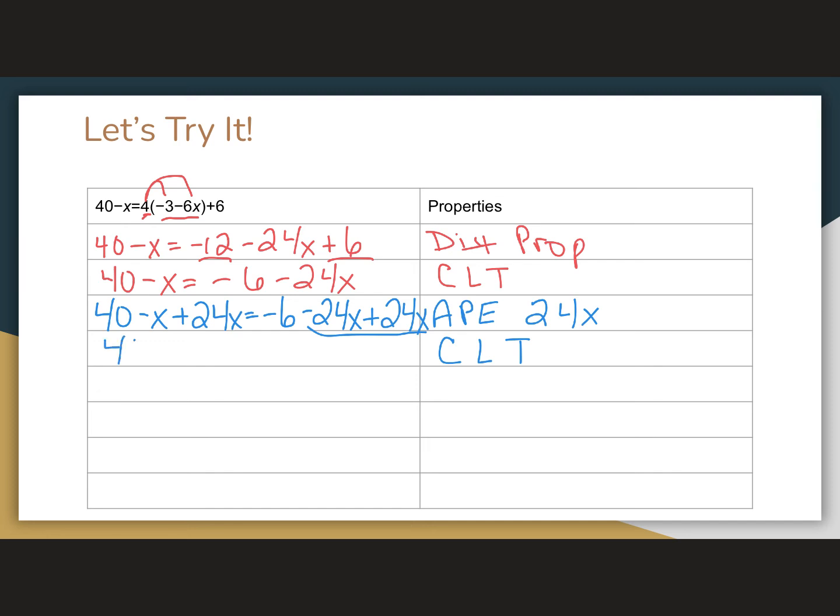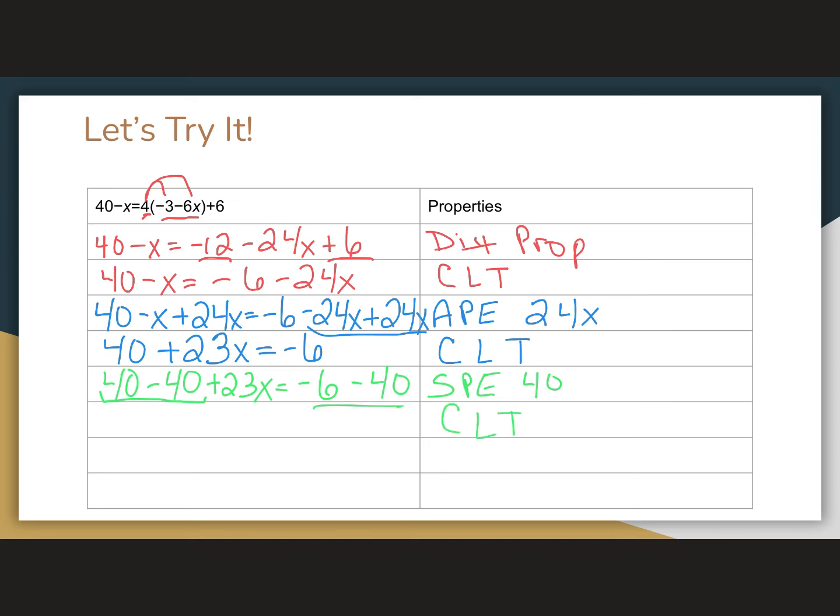On the other side, I have 40 plus 23x equals negative 6. My next step is to subtract 40 from both sides. 40 minus 40 plus 23x equals negative 6 minus 40. So these will cancel and these will combine. I'm left with 23x equals negative 46.